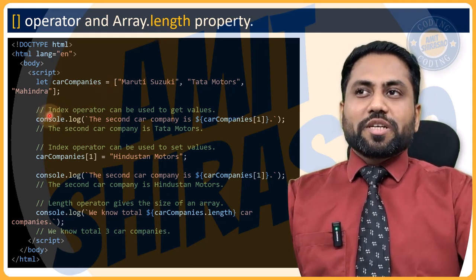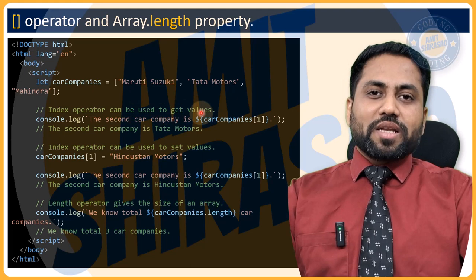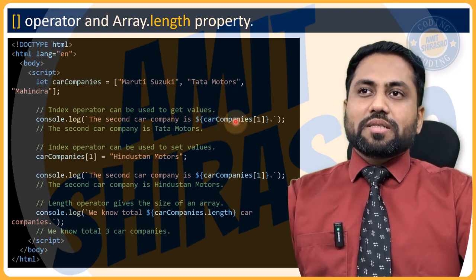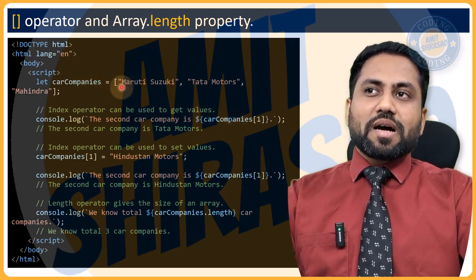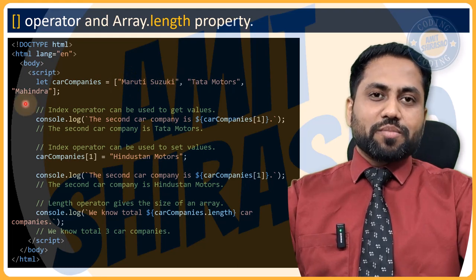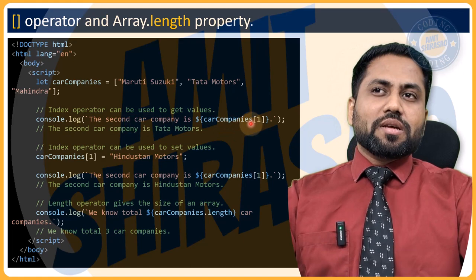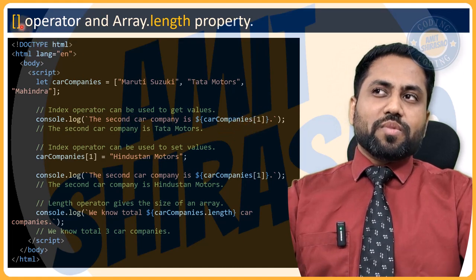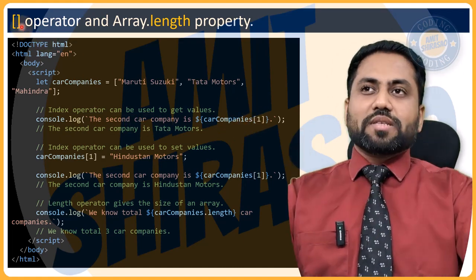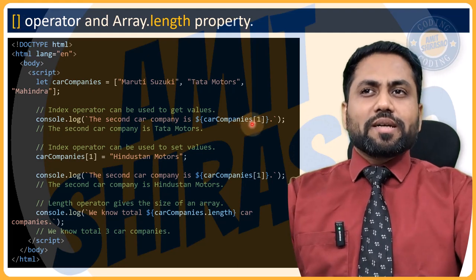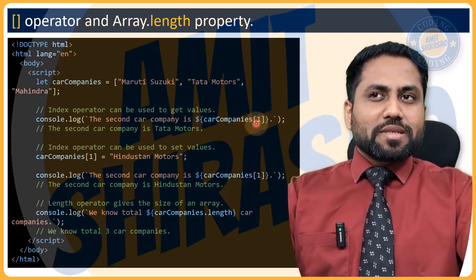What the index operator does is it can be used to get the values in an array. So if I say carCompanies is one array having these three companies, then I can get the second car company with carCompanies, this square bracket, that means the index operator, and inside that I give the index. Now notice this is the index.